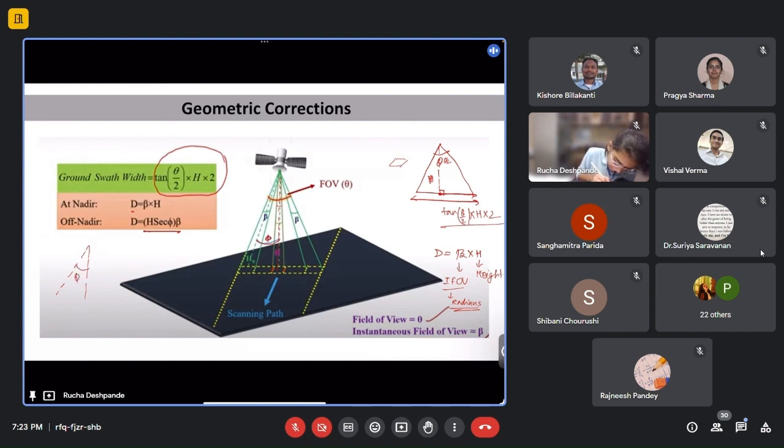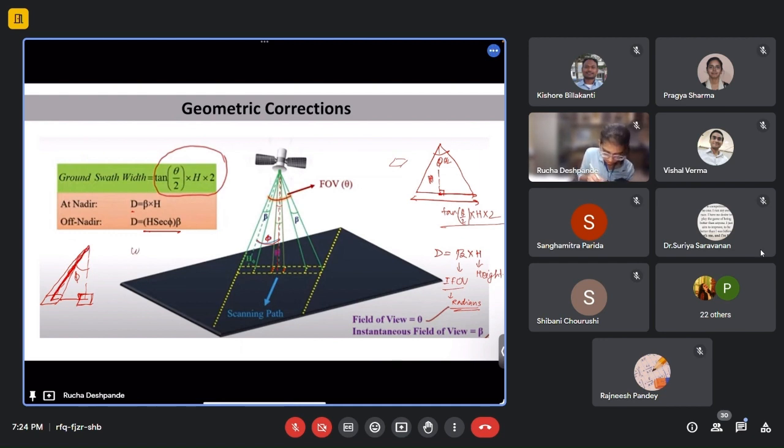Say the deviation from the nadir is angle phi, and this is the pixel size off nadir, and this is the pixel size at nadir. So in this triangle, we need to calculate the hypotenuse.